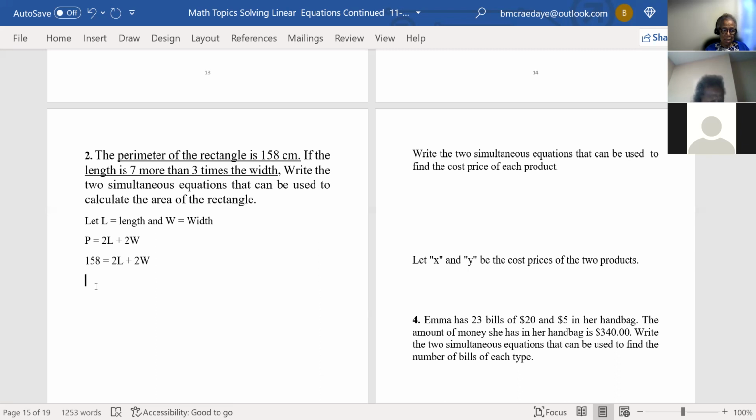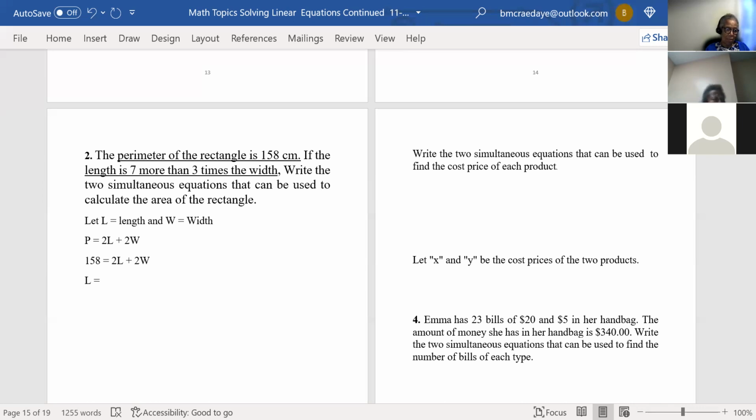Length equal. Yes, L equal, right? Length is, that's L equal. Now, what is it equal to? 7 more than 3 times the width. So how do I write 3 times the width? 3W.